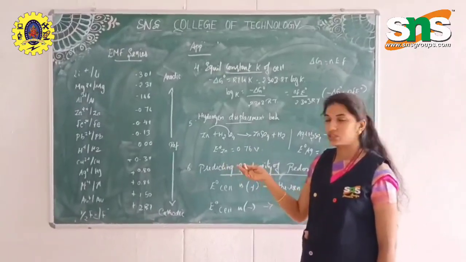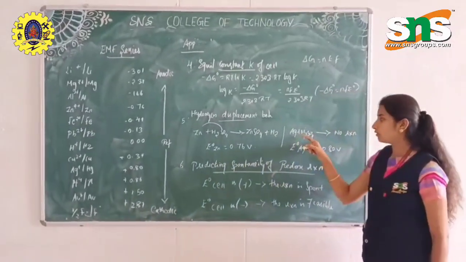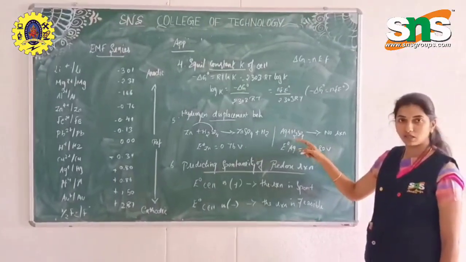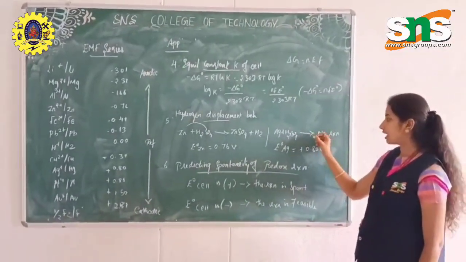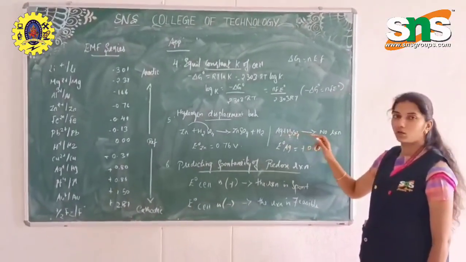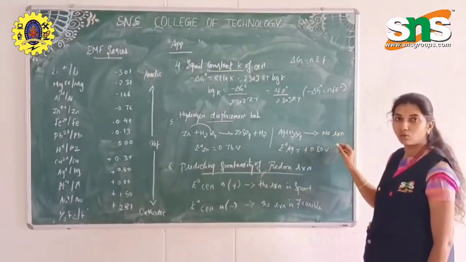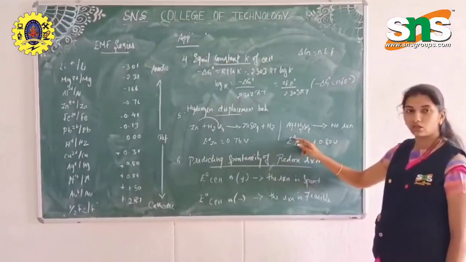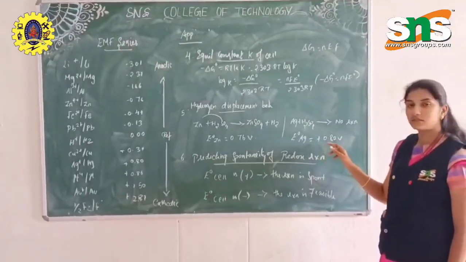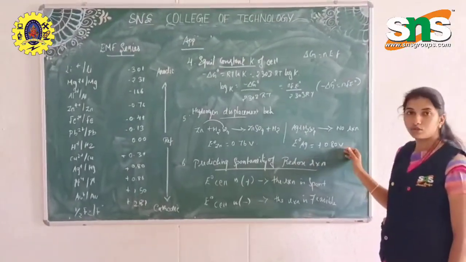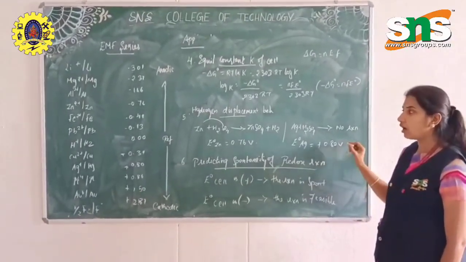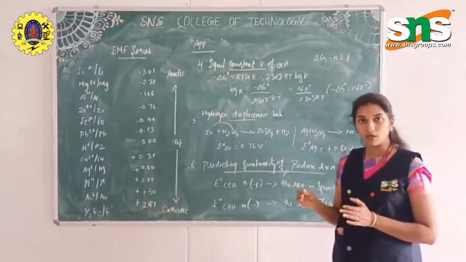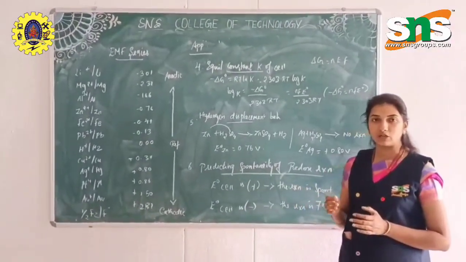Ag plus H2SO4 will not react to form AgSO4, so there are no reaction products, and it gives the EMF E0 Ag equal to plus 0.80 volts. From this we can identify how one element can be displaced by another element by using the hydrogen reference electrode.